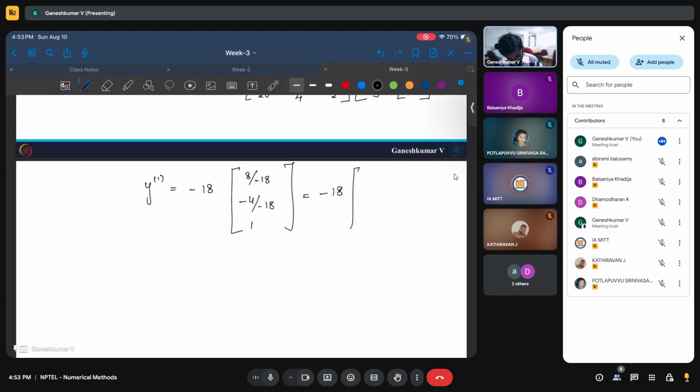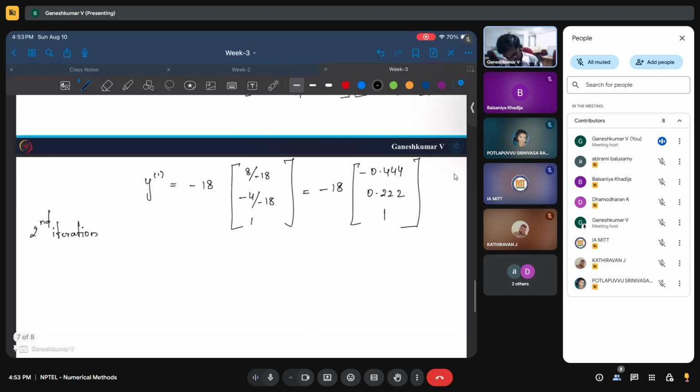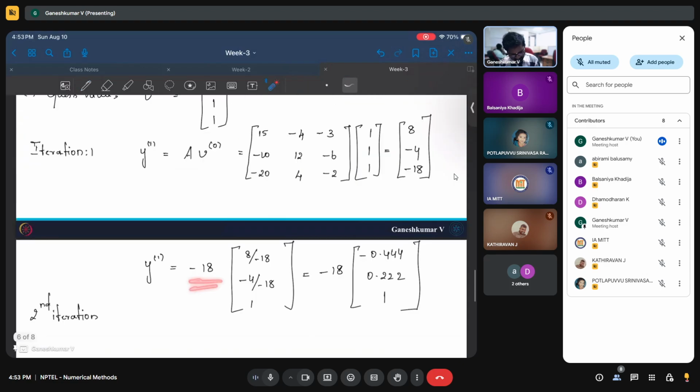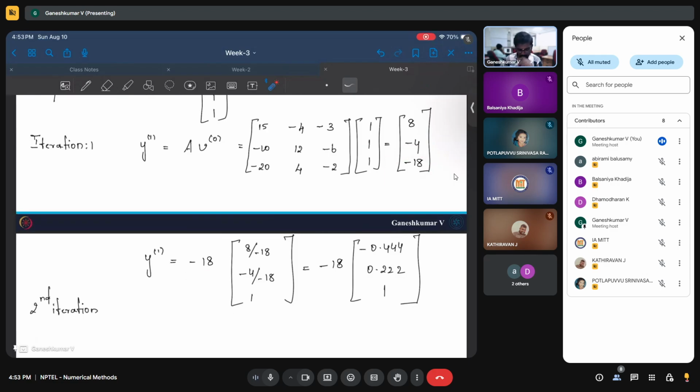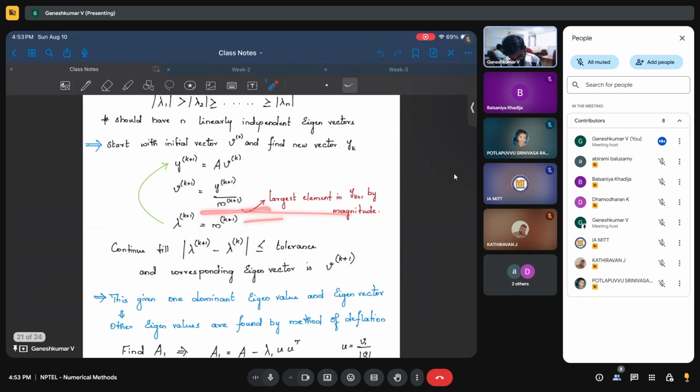So minus 18 times minus 0.444, 0.222, 1. Okay, now the second iteration is going to be, so basically what I'm trying to do is I just took 18 because that is the maximum value. So that's one of the rules, right? So if you go back, we find the largest element.